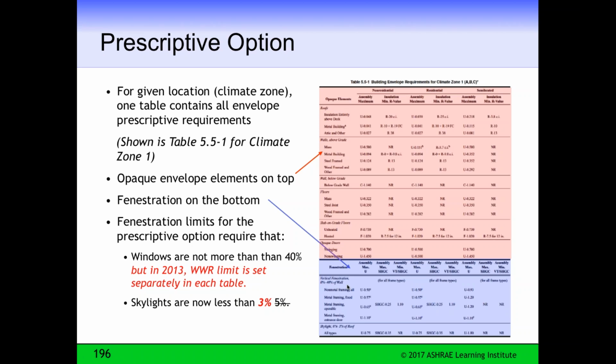If your building has more glass than these limits, you can't use the prescriptive requirements. You must use the whole building requirements in section 11, the energy cost budget method, which again will limit you to 40% window wall ratio for the base case building, which meets the requirements of the standard.